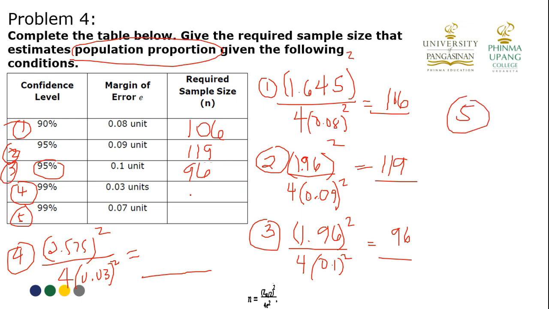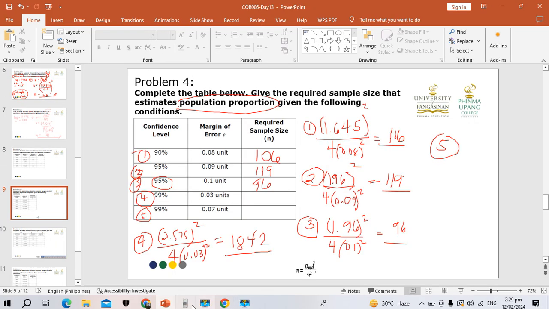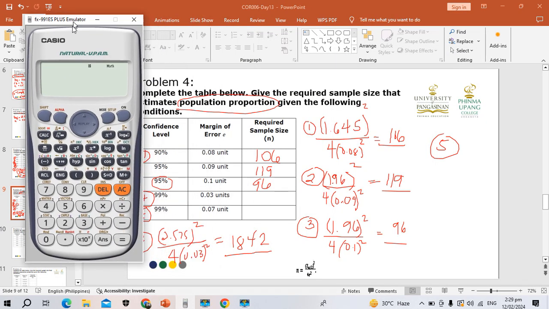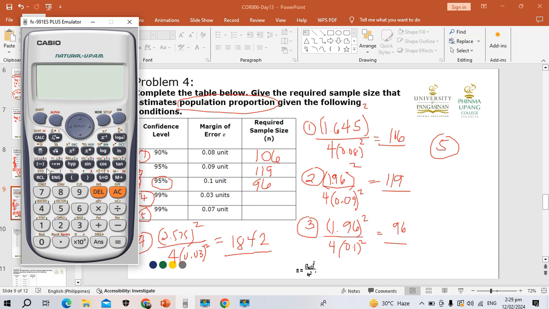Sir, 338. Sir, 1,842 po. Ano ba? Iba-iba naman. Sir, 1,140. Sir, 800. 356. Iba-iba kasi nang kuha nyo. 2.575 squared natin yan.